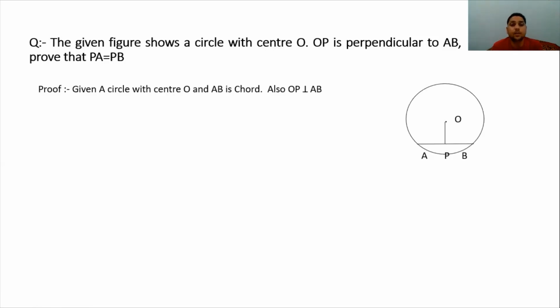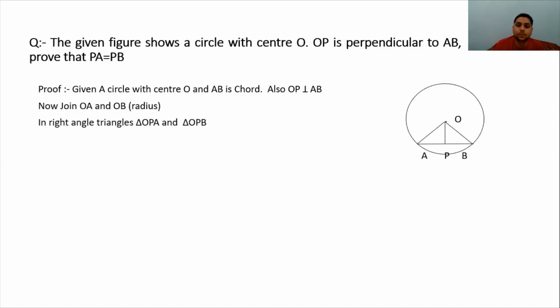Again we'll begin with what is given. We have a circle with center O and chord AB is given, and also OP is perpendicular to AB. Now again we proceed with the construction. We'll join OA and OB. Now we'll compare two triangles again, triangle OPA and triangle OPB.